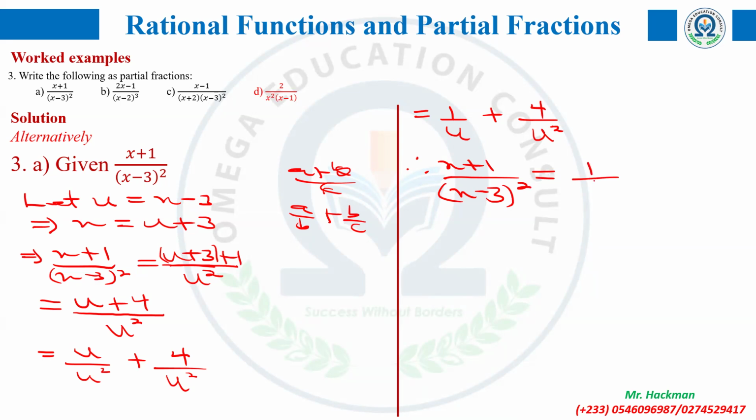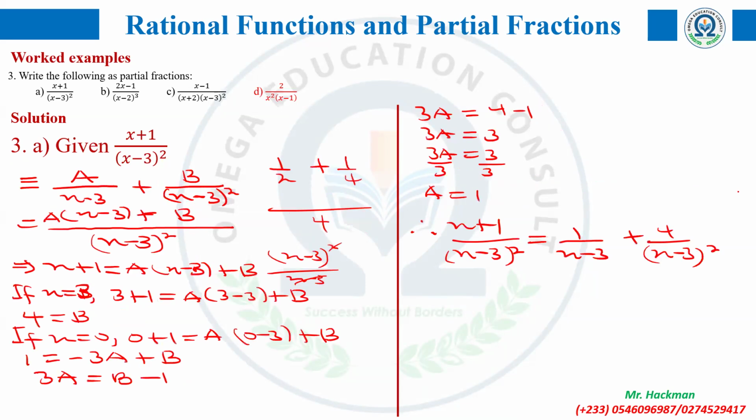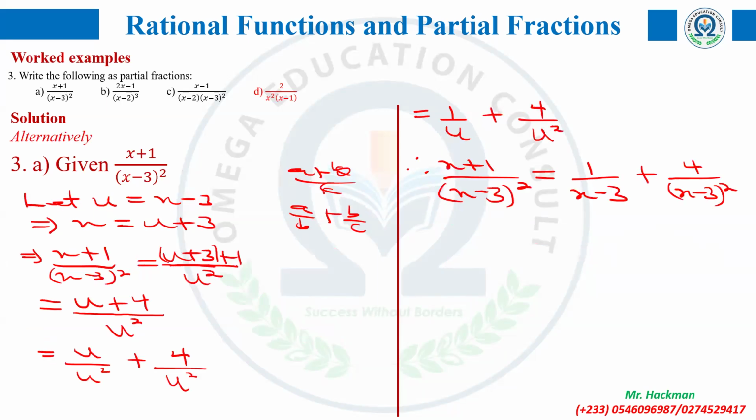So 1 over my u is what we said is x minus 3, then plus 4 over u squared. u is x minus 3, so x minus 3 squared. Let's go and check whether we had the same result. Is it not the same? So you can see that between the two, which one will be ideal?